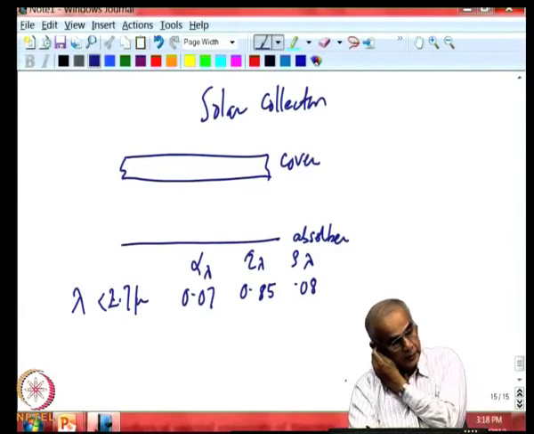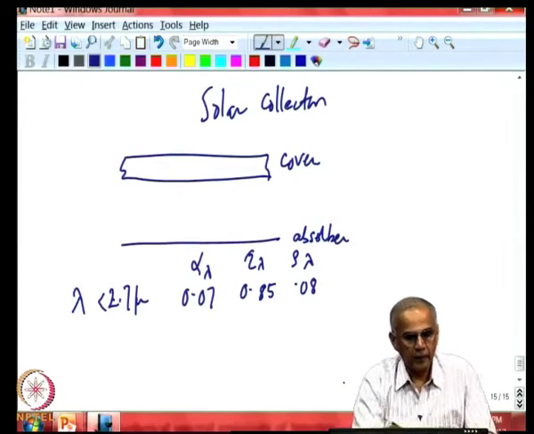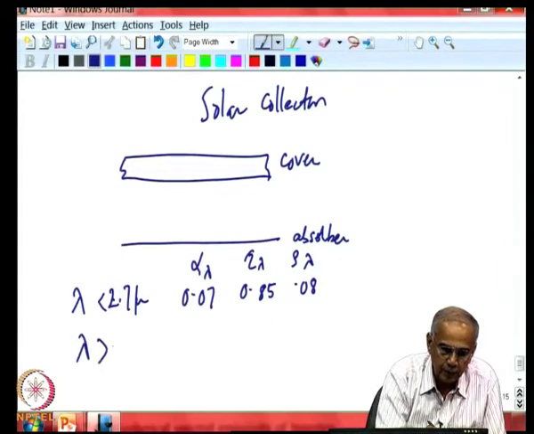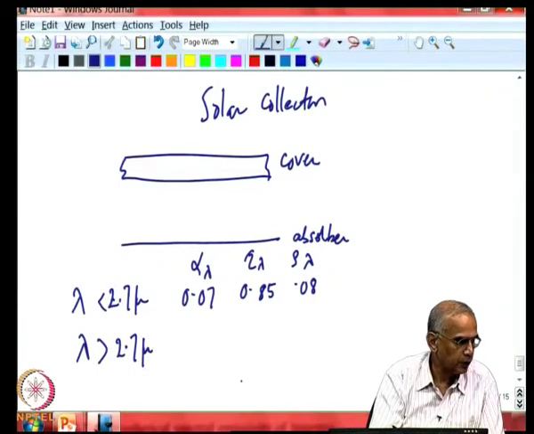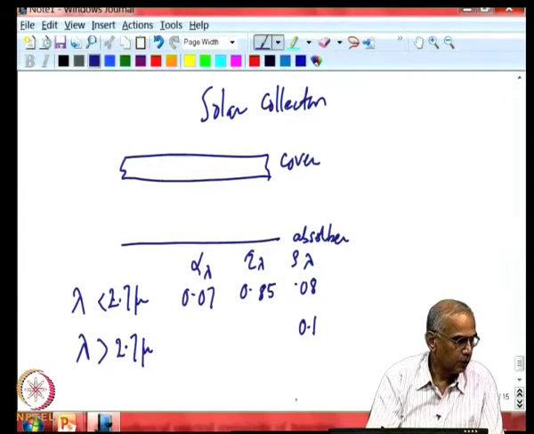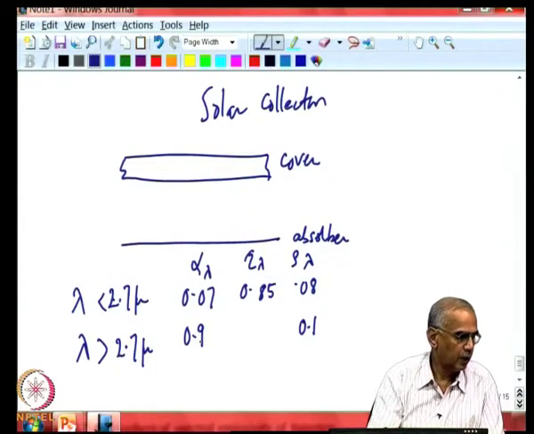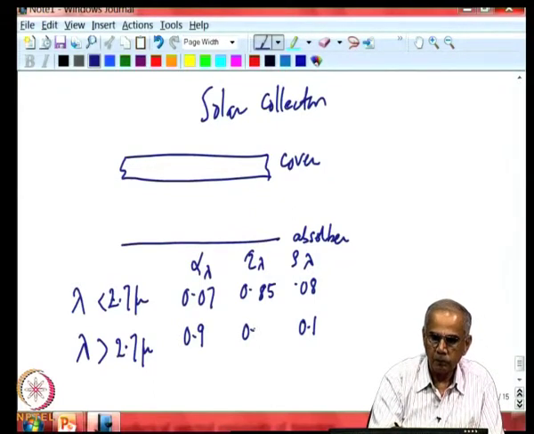This is in the visible and infrared region, but if you go further up in the infrared beyond 2.7 micron, the situation changes totally. Reflectivity increases to 0.1, absorptivity increases to 0.9 and transmittivity is 0.